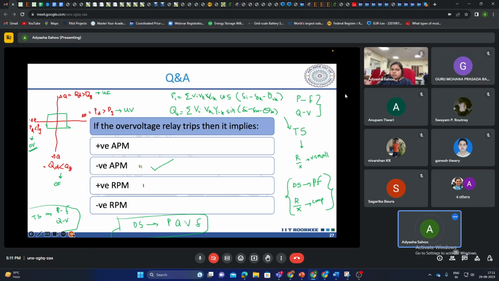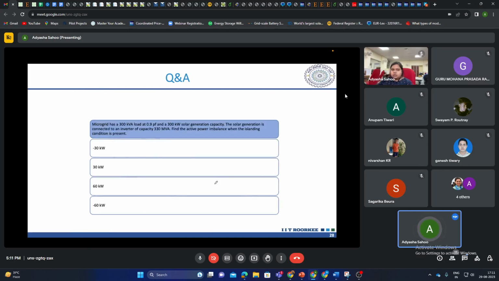Okay. Then we have a small numerical question here. A microgrid has a 300 kVA load at a power factor of 0.9 and a solar PV generation of 300 kilowatt. Since we have a solar, we also have an inverter, and that inverter capacity is given as 330 MVA.